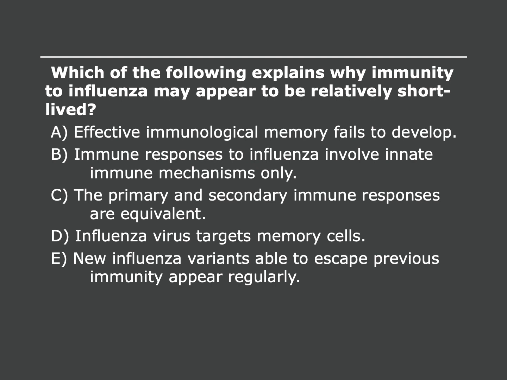And the answer to this, as you may or may not know, is E, new influenza variants able to escape previous immunity appear regularly. This is why it's so important for us to have the technology to generate new, novel versions of vaccines as pathogens pop up. Remember, we're not the only thing evolving here. The viruses and bacteria, pathogens, are also evolving with us.